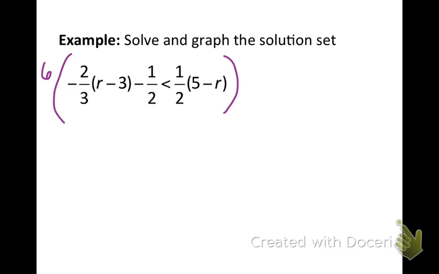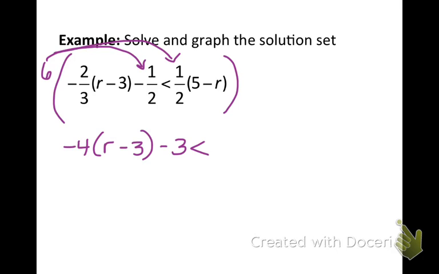So do 6 times 2 divided by 3. 4. So that's going to be a -4 times r minus 3. Half of 6 is 3, less than another half of 6, which is 3, times 5 minus r.